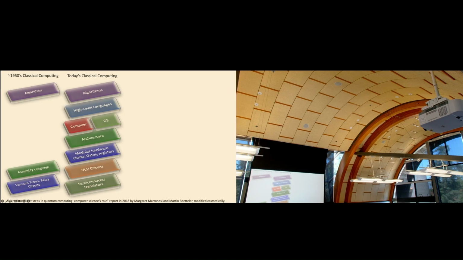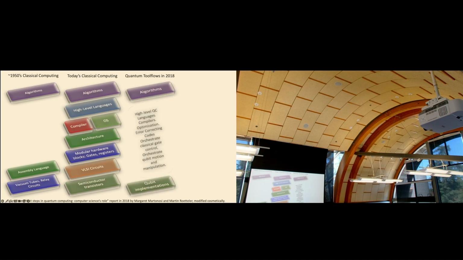Today's classical computers have a quite mature stack where at the bottom you've got semiconductors as the hardware, and then you've got algorithms on top, and people have figured out the different modules and layers in between. But in quantum computing in 2018, it was just: we have these qubit implementations and the algorithms we want to run, and this gigantic gap in the middle of what we think should go there.